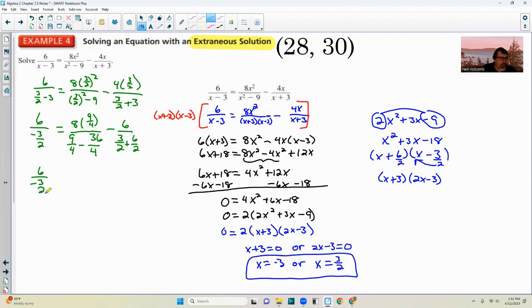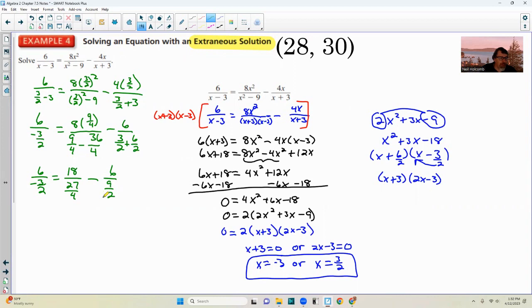Negative 3 halves equals, this is going to become 2 times 9, which is 18, over 9 minus 36, which is 27 quarters, minus, and this is going to be 6 over 9 halves. Well, here's a quarter, here's a half, here's a half.